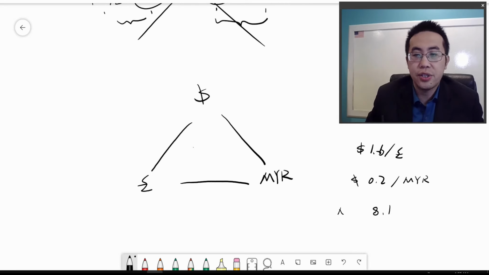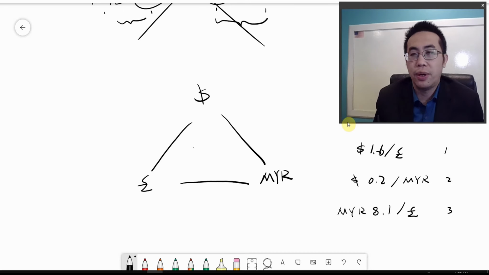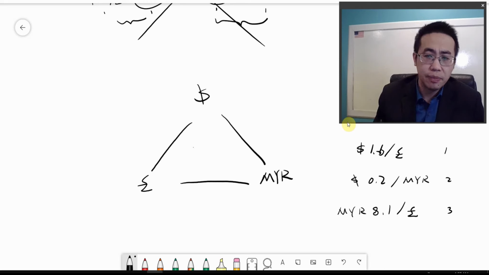Okay, and there's also a cross rate. The cross rate is directly provided by a bank. All right, so you have three financial institutions here: Bank 1, Bank 2, and Bank 3, and they have different quotes available for you. If there are arbitrage opportunities, like I said, arbitrage opportunity is just like taking the money on the table. You take advantage of a price difference of the same product priced differently at two different markets.